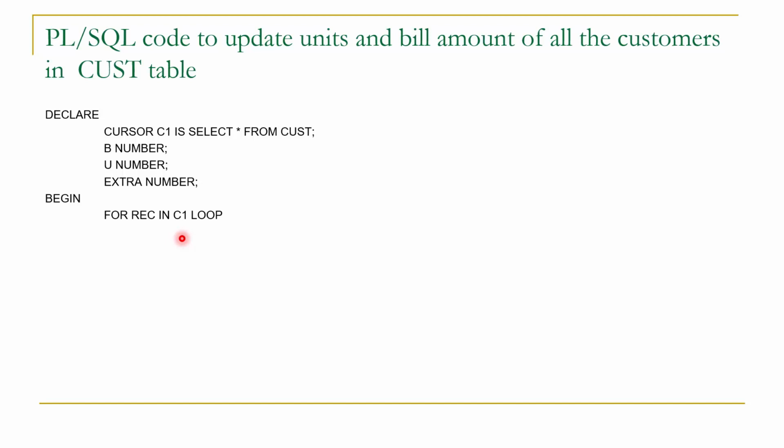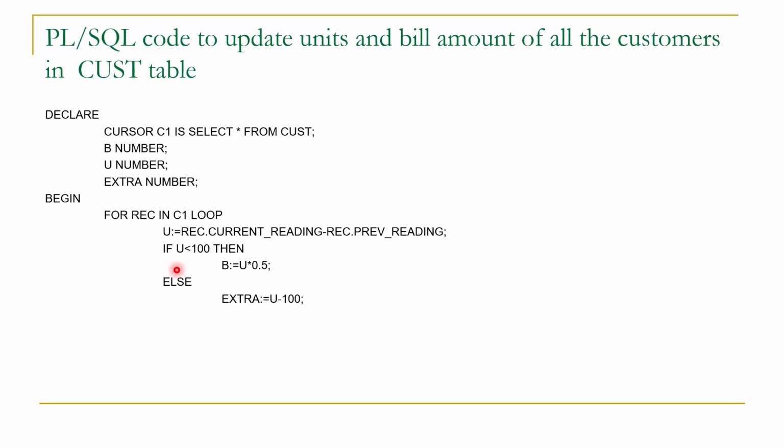The first row will be fetched in this REC variable. Based on the fetched value, units are calculated. Then based on the calculated value of units, bill is calculated. If units are less than 100, then bill is equal to U multiplied by 0.5. Else extra units will be calculated and then bill is calculated accordingly.